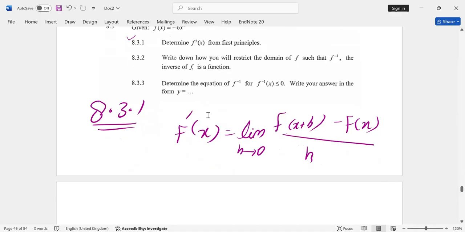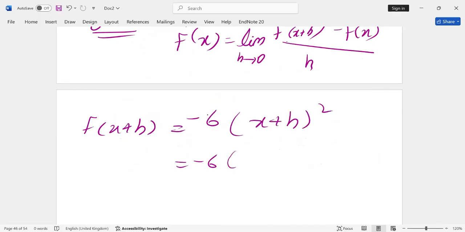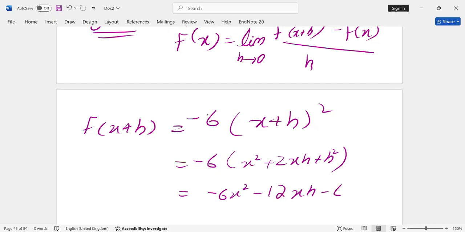I'm just putting the values and we have to find f of x plus h, that is equal to minus 6 into x plus h whole squared, and we get minus 6 into x squared plus 2xh plus h squared, okay? So I'm just going to multiply, and we get minus 6x squared minus 12xh minus 6h squared, okay? So this is the value of f of x plus h, all right?